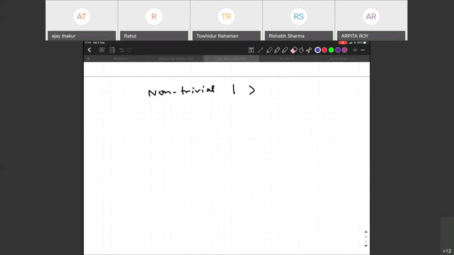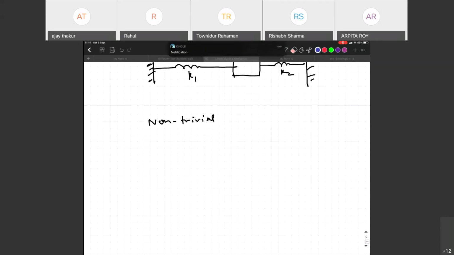Let's be consistent with the choice of symbols.